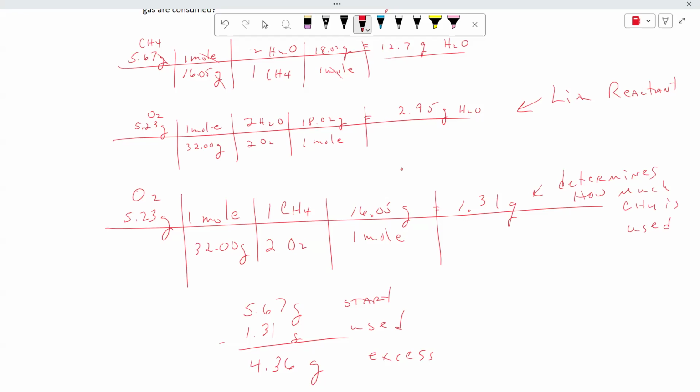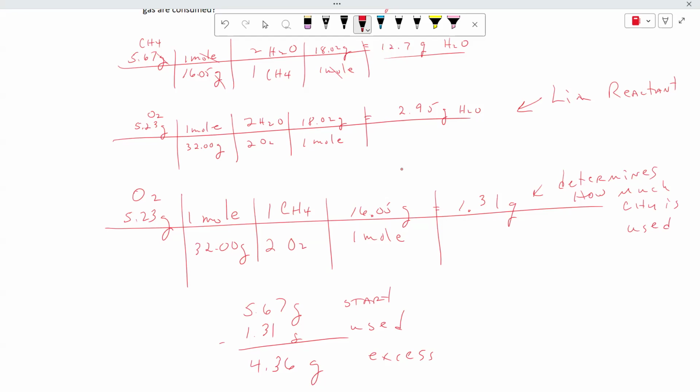No, normally on a limiting reactant problem, I'll ask you how much is produced. So this would be that answer. Then I'll say, how much excess is there? That's this answer. So that was a good question. Okay, any questions? Yeah. Exactly.